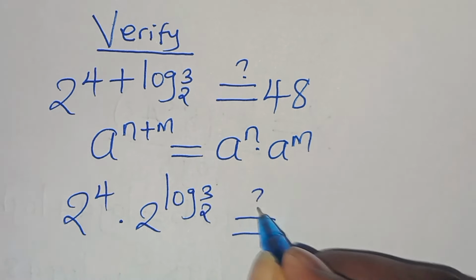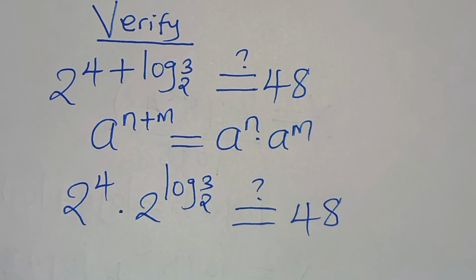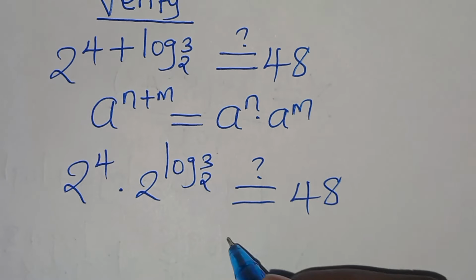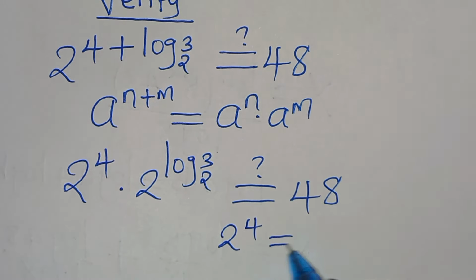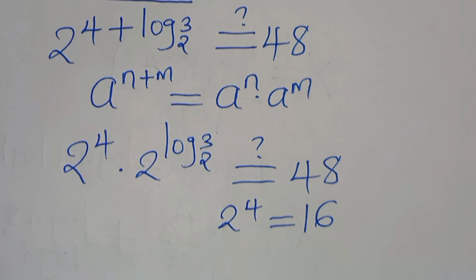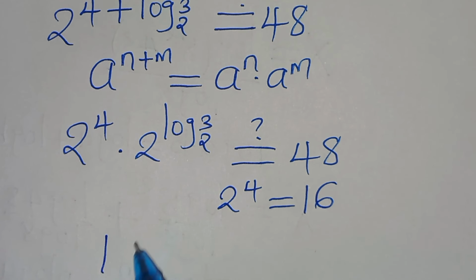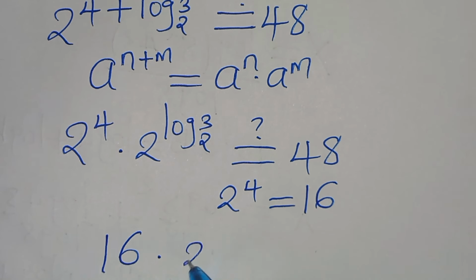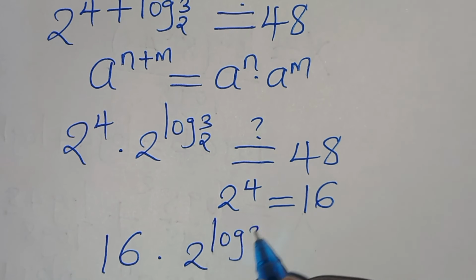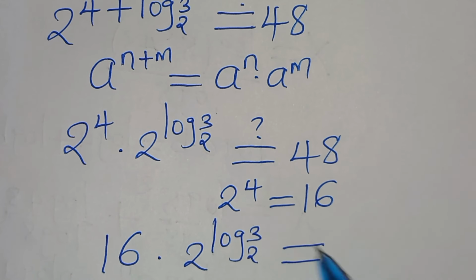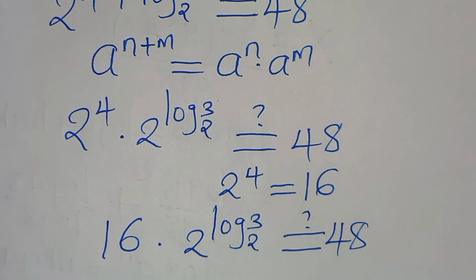This is supposed to give us a value of 48. 2 to the power of 4 is equal to 16. So we have 16 multiplying by 2 to the power of log 3 to base 2. This is supposed to give us a value of 48.